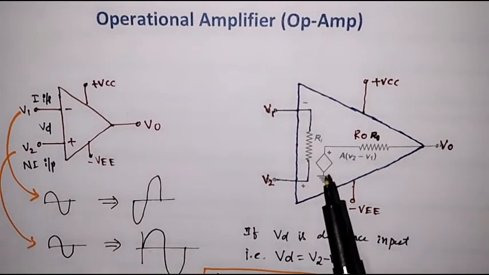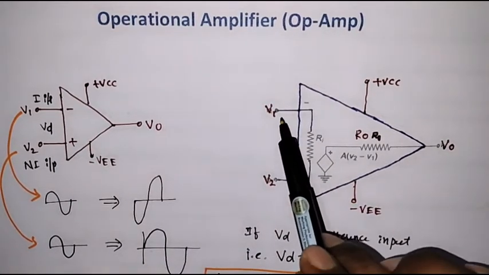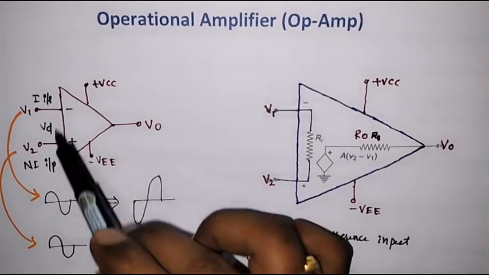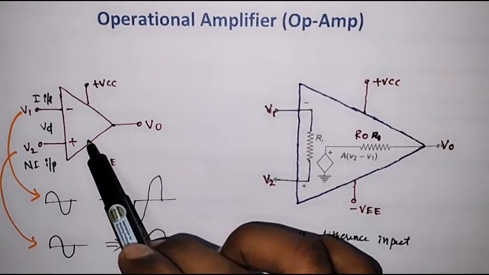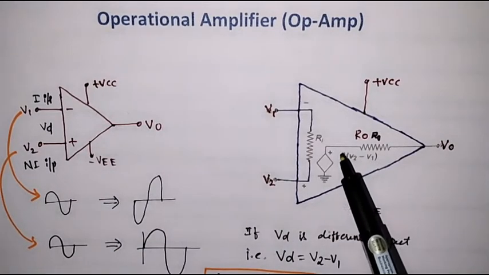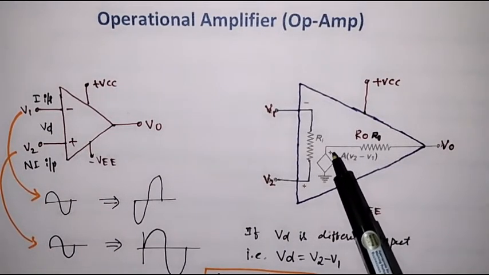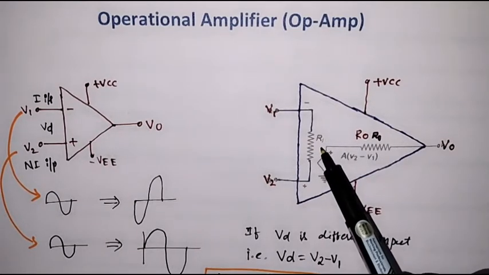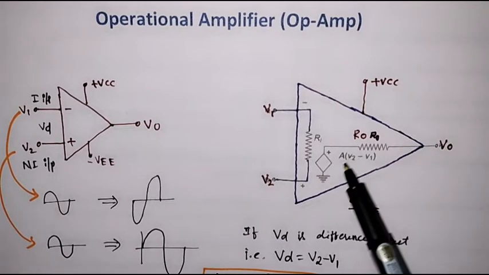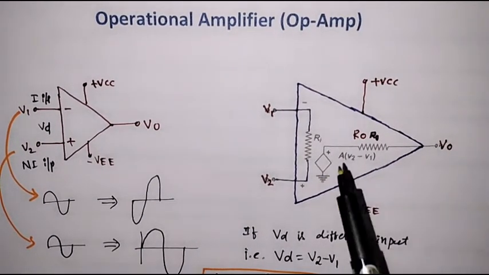The symbol of op-amp is represented like this, but the internal structure of op-amp may look like this, where there is a resistance between these two terminals, and that resistance is known as Ri, or internal or input resistance.